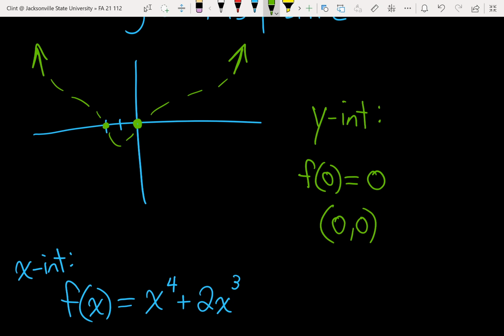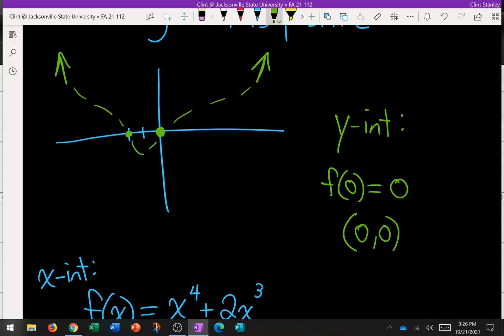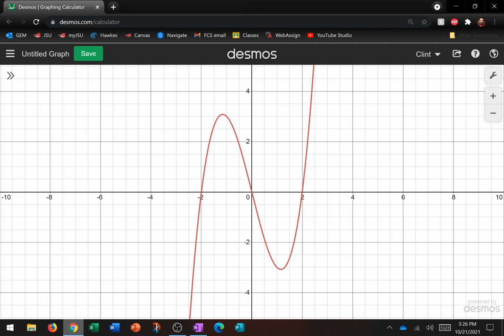I don't think our picture is going to be as good this time. Let's see what the actual graph looks like. If we wanted a more accurate picture, we could just pick any x value we wanted, plug it in for x, see what we get for y, and that would give us another point. But let's see what our graph looks like.